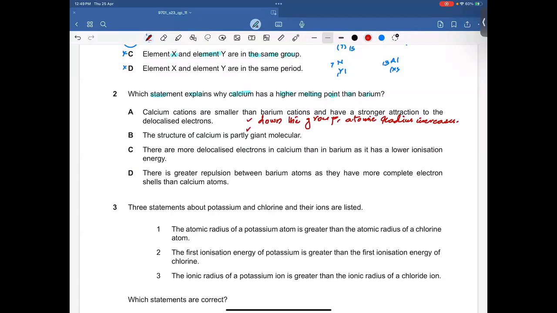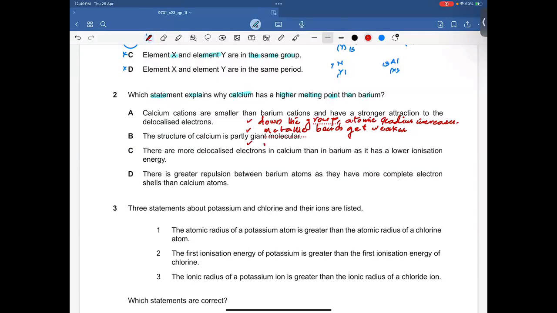obviously the metallic bond becomes weaker, which means the electrostatic attraction between positively charged ions and the sea of electrons is going to be weaker.